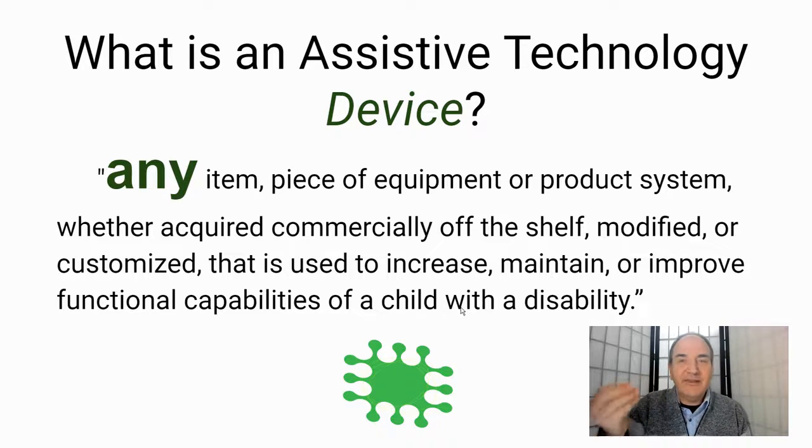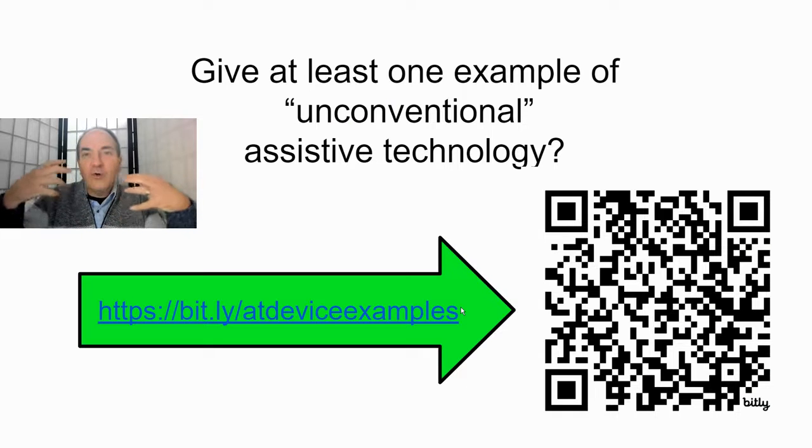So there's lots of things we can think of that you could probably think of. Would a high-tech, complex eye gaze system be assistive technology? Of course it would. But what we often forget, and what a lot of people forget, is that it's any item. So there's a whole world of stuff that people use to increase, maintain, or improve their abilities, right? So with that said, you have been an educator for a while.